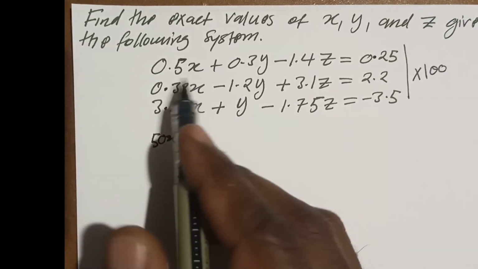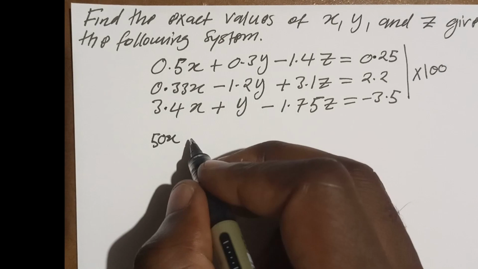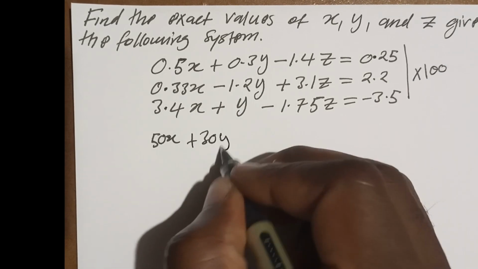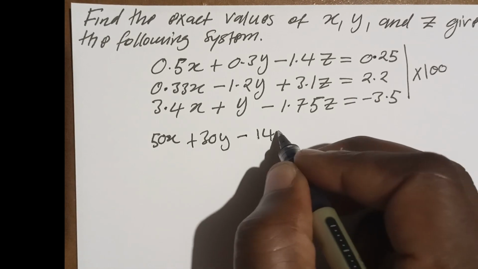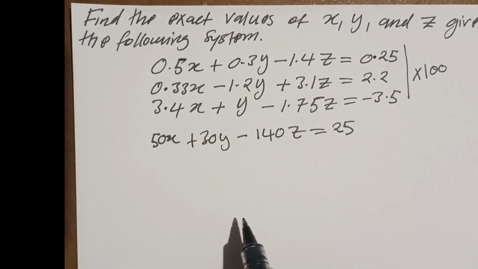50x for the first part. 100 times 0.3, we're going to have 30y minus 140z is equal to 25.